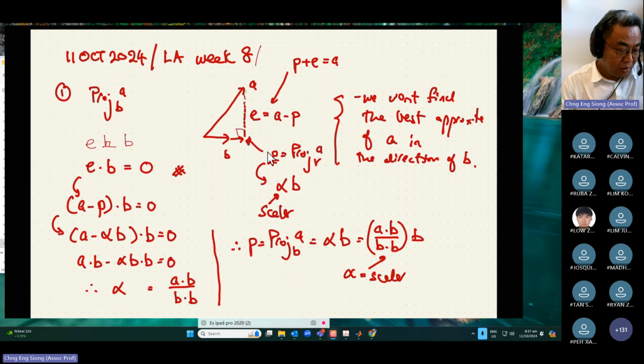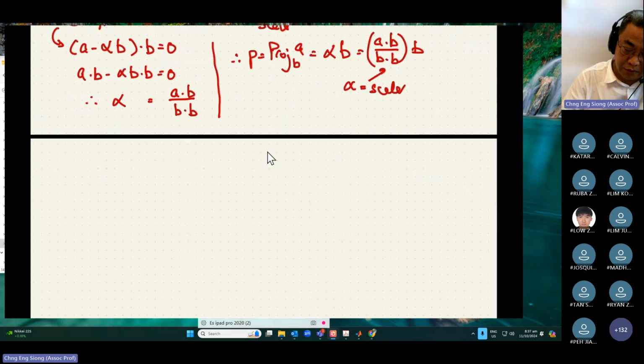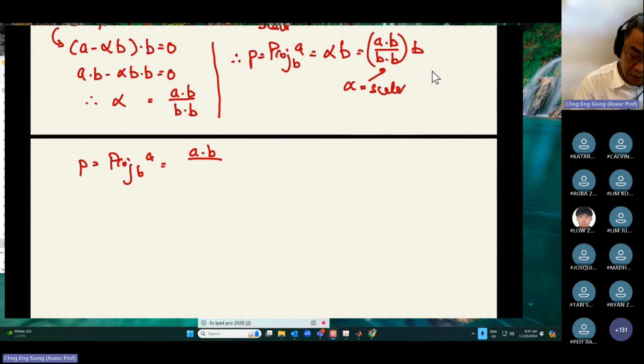Now I'm going to write the equations for you. The next equation: let's start with this one. P is equal to the projection of A onto B. I repeat the equation: A dot B over B dot B, and just remember this little bracket here is a scalar, times B. Now I can write it in a few ways so that when you see different ways, you don't get confused.